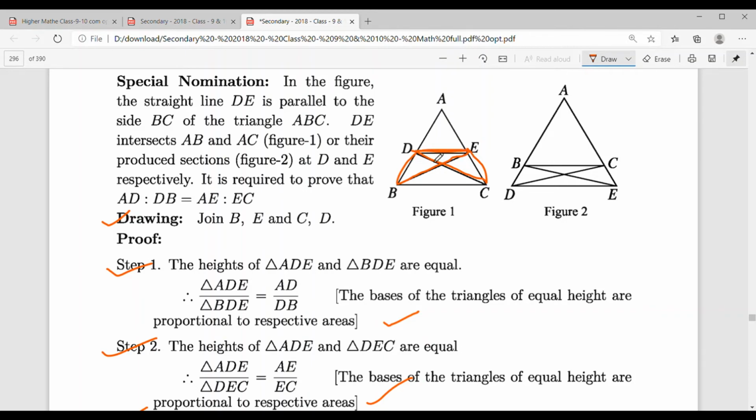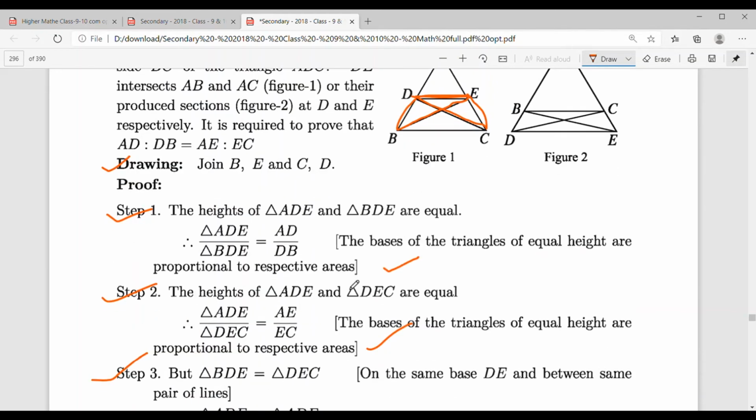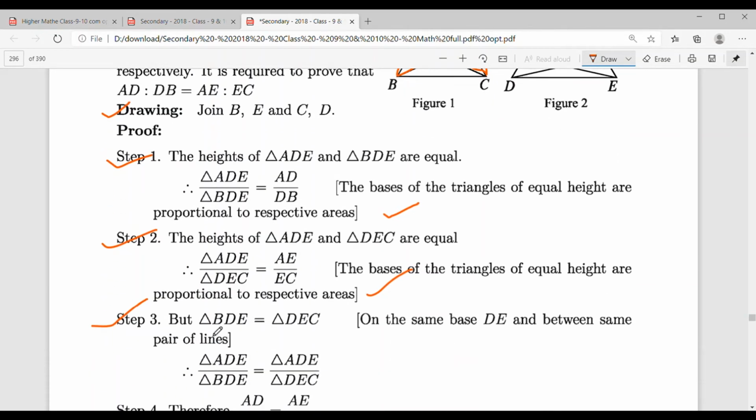If we take DE as base, then the base is the same for these triangles, and these two triangles lie between two parallel lines, so the height will also be the same. Then their areas will be the same. Therefore area of the triangle BDE is equal to area of the triangle DEC.